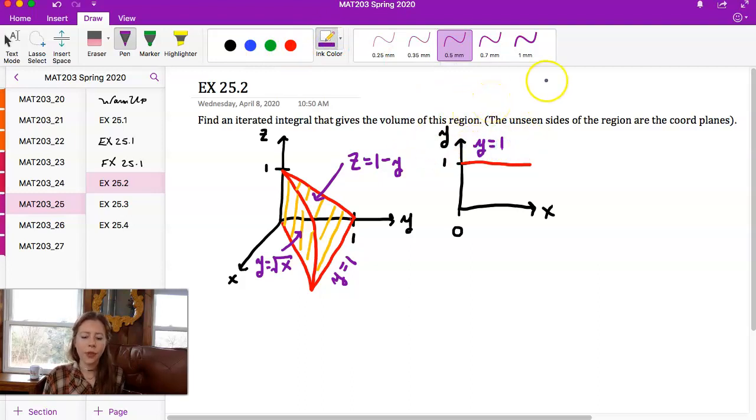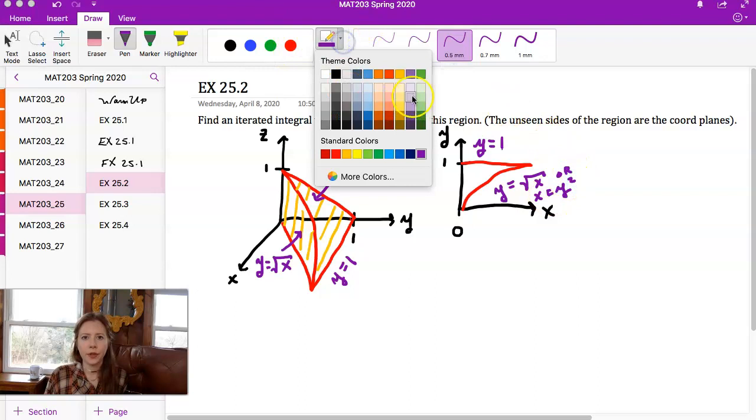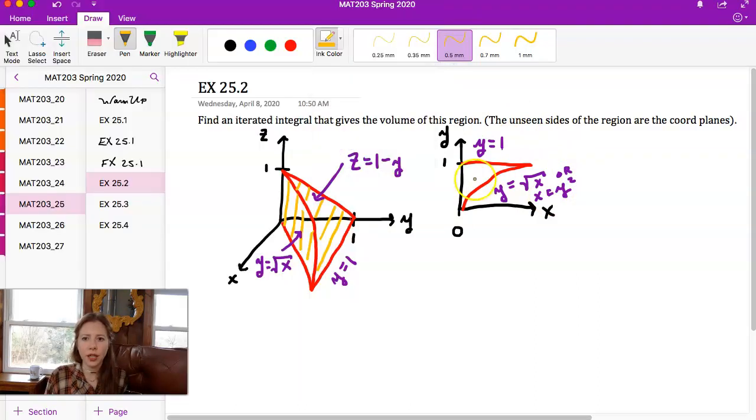And so then our lower bound is going to be this y is equal to the square root of x. So this is going to be y is equal to the square root of x, right? Which is the same thing as x is equal to y squared. Okay. So this is just making it a little easier for us to visualize how to set our bounds.